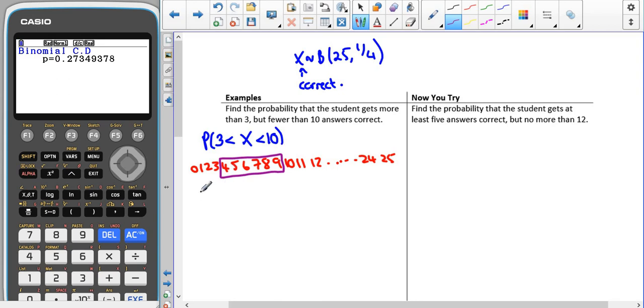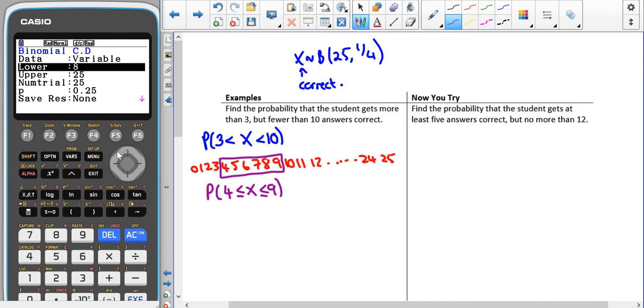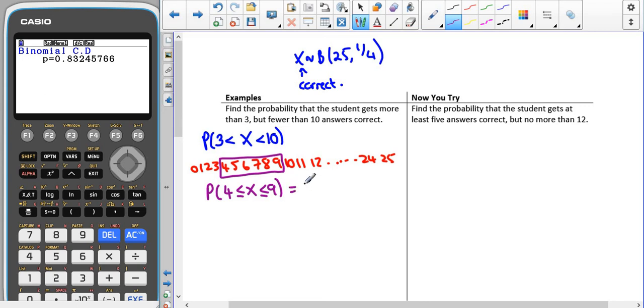That means that the probability we're looking for changes to the probability that 4 is less than or equal to x is less than or equal to 9. And then we can put this into our calculator. So the lower is 4. The upper is 9. We still have our 25 questions and our probability of a quarter, which gives us 0.832 to 3 significant figures.